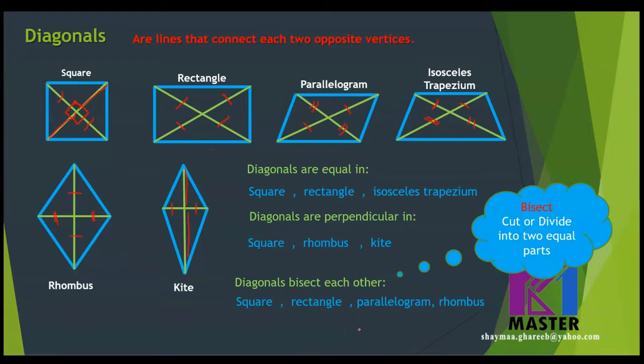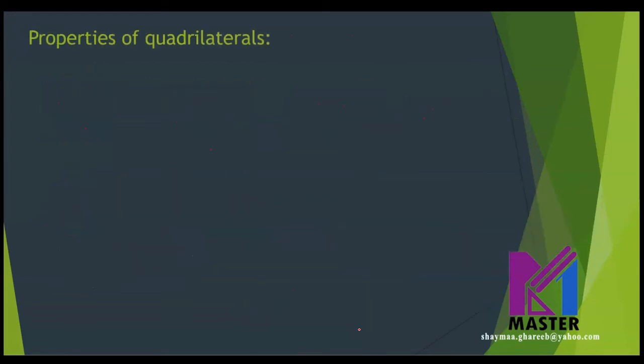Okay, now let's talk about properties of quadrilaterals. When I want to describe a quadrilateral, I have to mention its famous properties. What are these properties or features? Let's see. The most important feature to be mentioned is lines of symmetry. And how many lines of symmetry does this quadrilateral have? We can also describe the pairs of parallel sides.